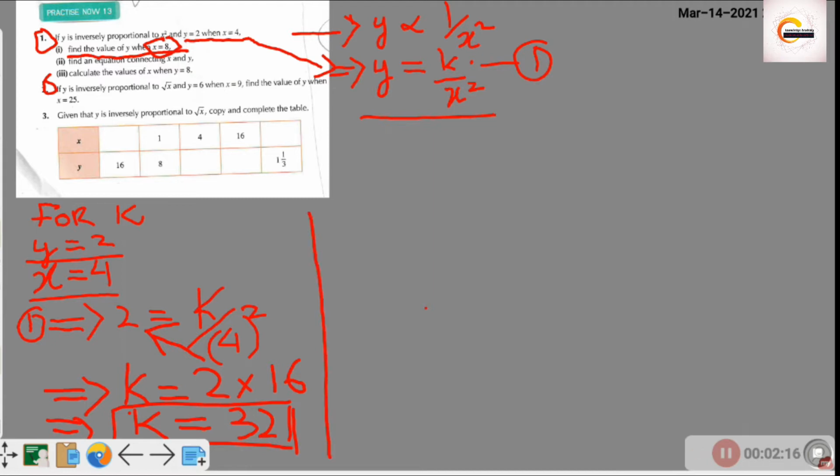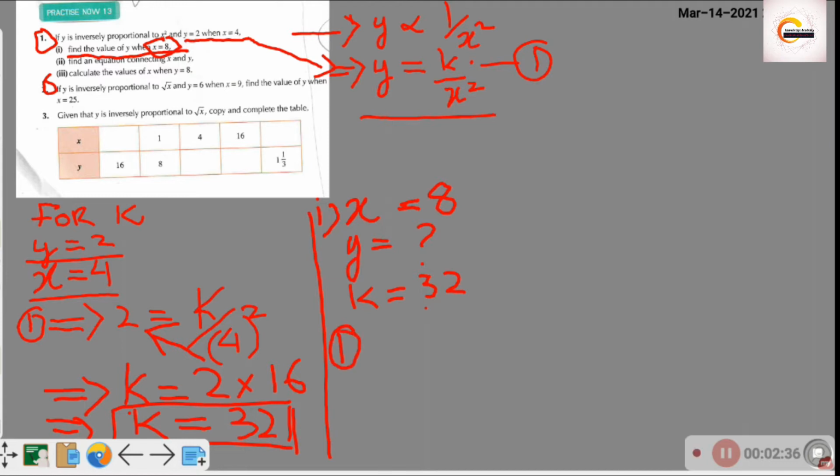Now I am going to put this value of k in the question number 1, part 1, to get the value of y. So here x is 8 and y is unknown, and we have already calculated k is equal to 32.